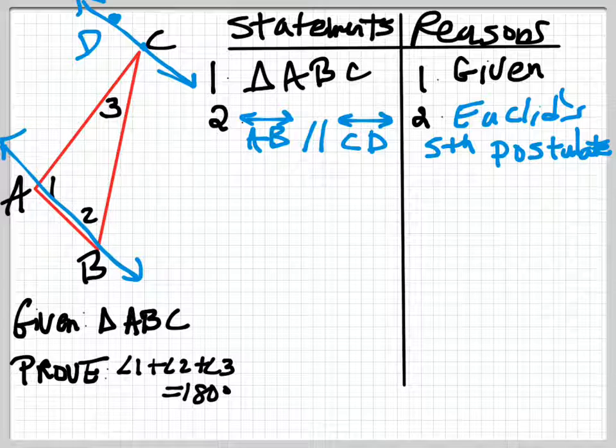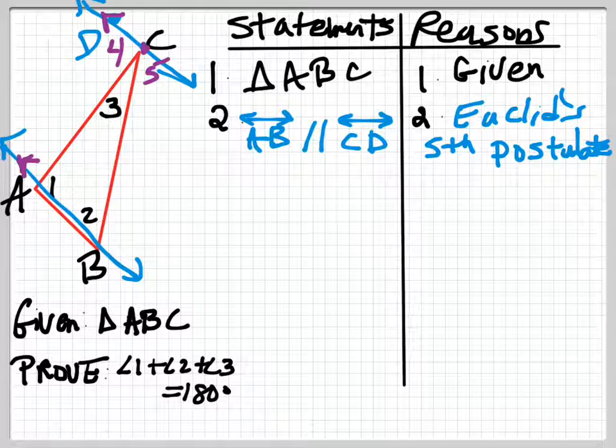This creates several new angles, which we'll label this way. I'm going to label the new angles located at point C as 4 and 5. If you observe, you have a pair of parallel lines in blue, and you have some angle relationships created. Let me go ahead and actually mark these lines as parallel.